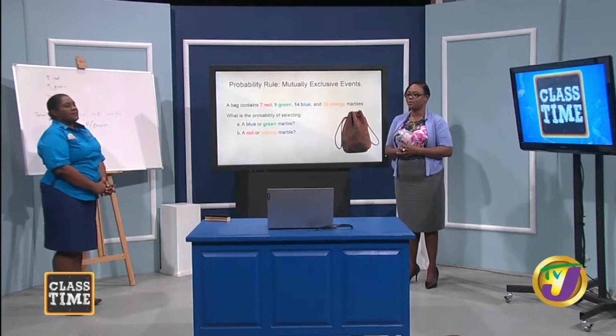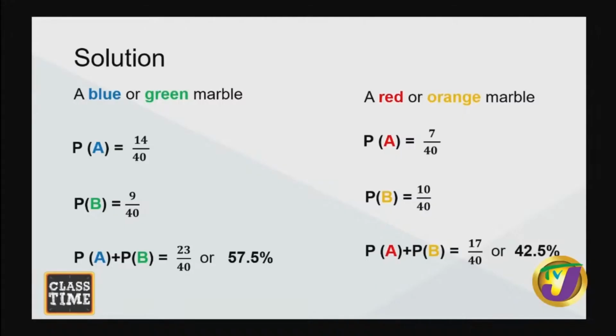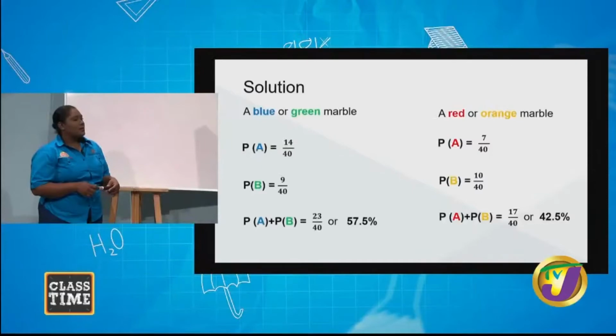Based on the calculations that you had done on the whiteboard, I'm now just going to highlight that we worked in fractions, but here we are presenting percentages. Is there a challenge or an issue with using the percentages here?